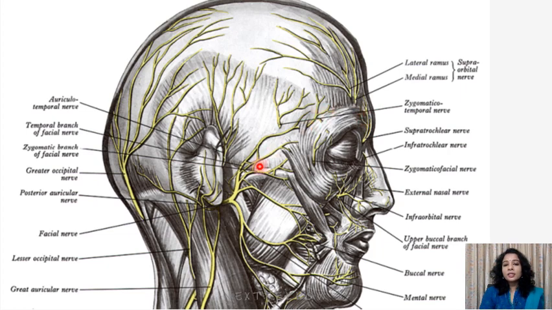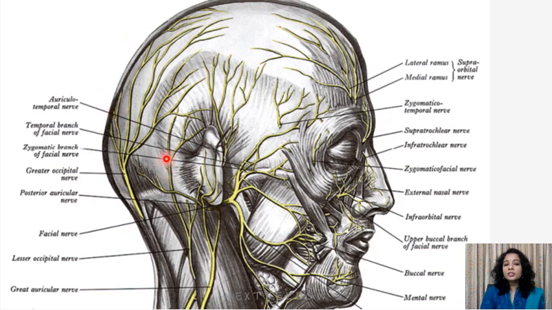Laterally we can see the zygomaticofacial and zygomaticotemporal nerves. Zygomaticotemporal is a branch of the maxillary division of trigeminal, and then the auriculotemporal nerve, which is a branch of the mandibular division of the trigeminal nerve. These are the nerves supplying the scalp in front of the ear.